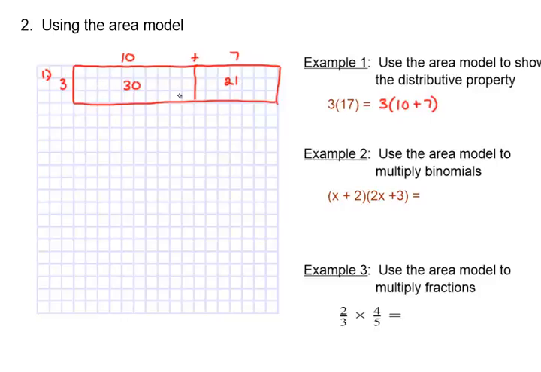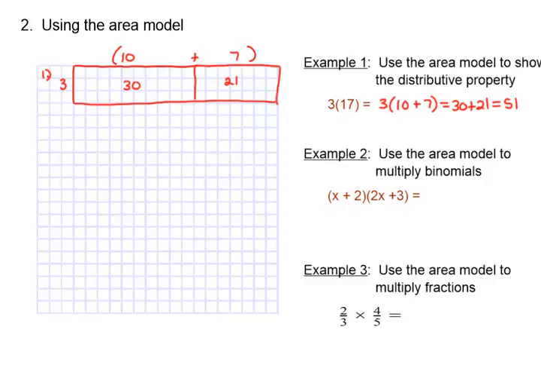So if I add those two together, I get 51. So in other words, it's 30 plus 21 equals 51. Okay, so that's how we can use the area model to show the distributive property so that kids can see that I'm just taking 3 times 10 and I'm also taking 3 times 7.